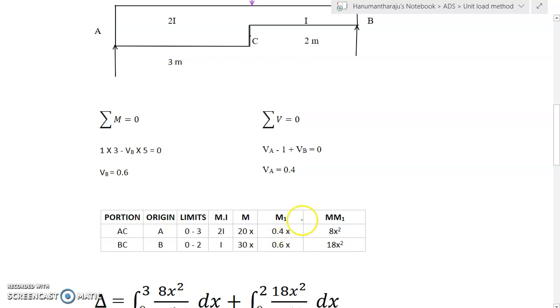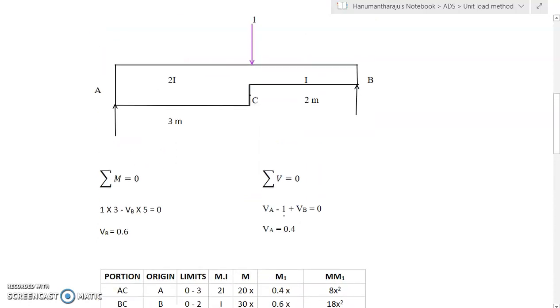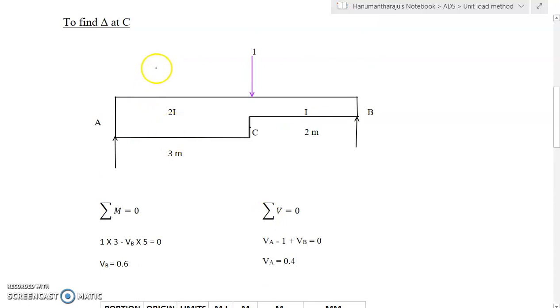Now M1, to get the value of M1, that is the bending moment due to unit load, we need to take a section at a distance x from the origin.